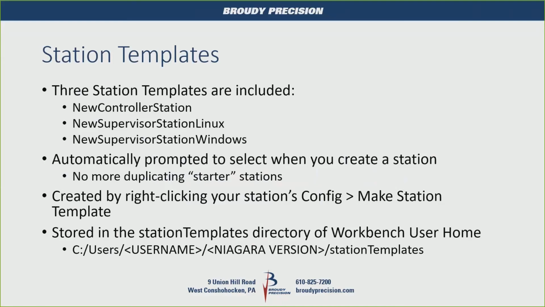To create the template, you just right-click on your config, do a make station template, and it'll walk you through the configuration things. And all of these templates are stored in your user home directory under the station templates directory. Obviously it depends on your username and the version of Niagara you're using, but this is most likely what that user home location will be.